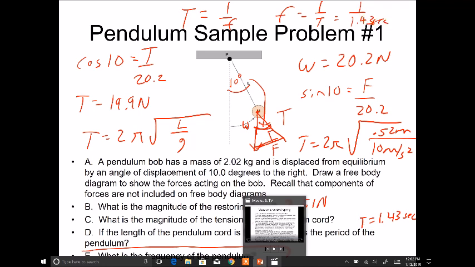So 1 divided by 1.43. So we end up with a frequency of 0.699. We could write it as s to the negative first power, or we might just write it as hertz. 0.699 hertz. All right, that's pendulum practice problem 1.